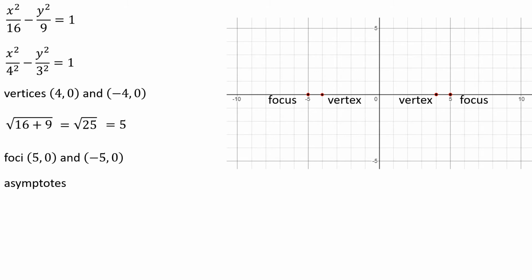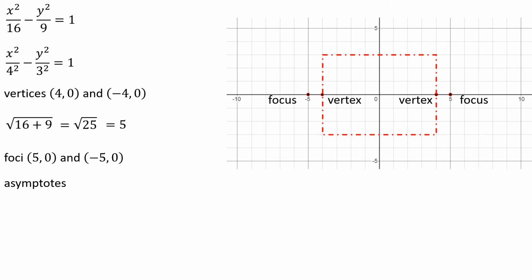Now, we have to figure out the asymptotes. As a reminder, the asymptote is a straight line that my curve will get closer and closer and closer to. Now, where did that crazy rectangle just come from? Well, underneath the y squared, I had 3 squared.